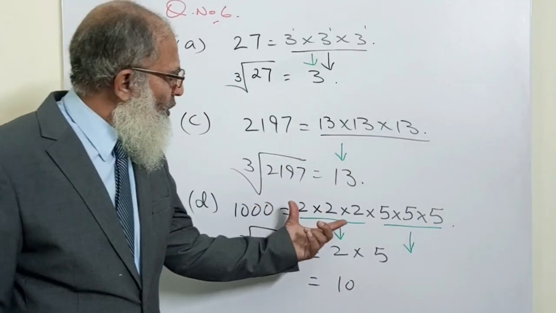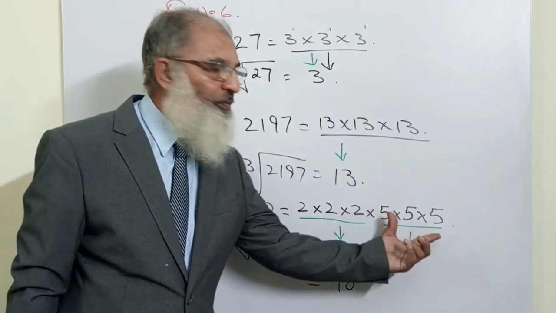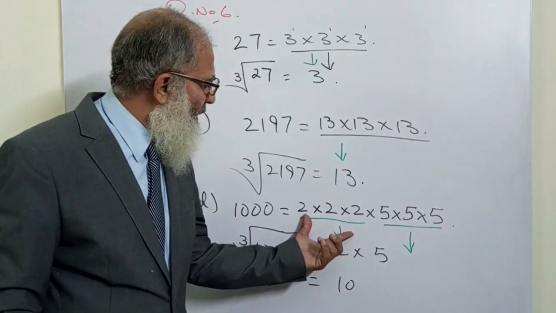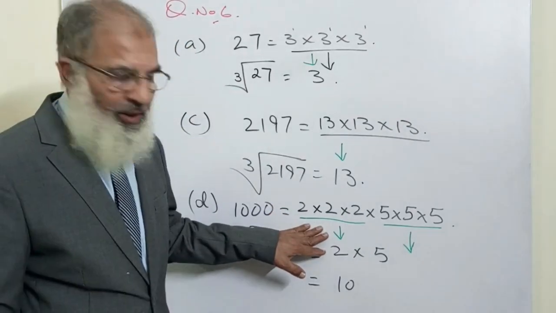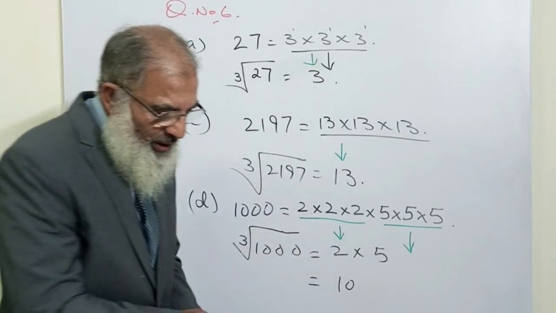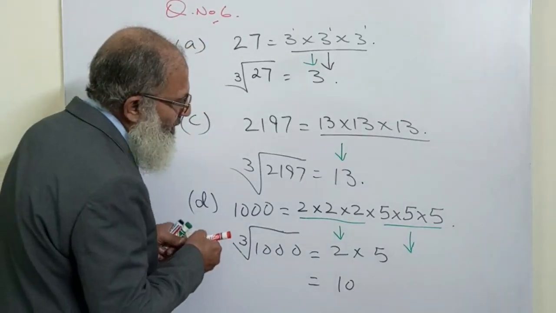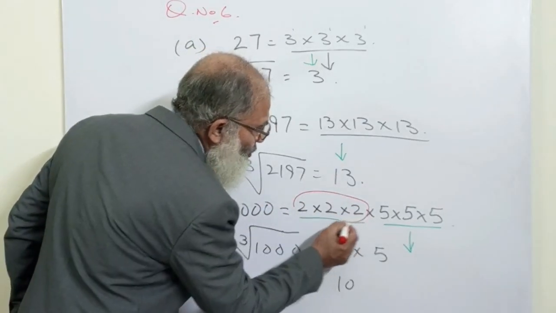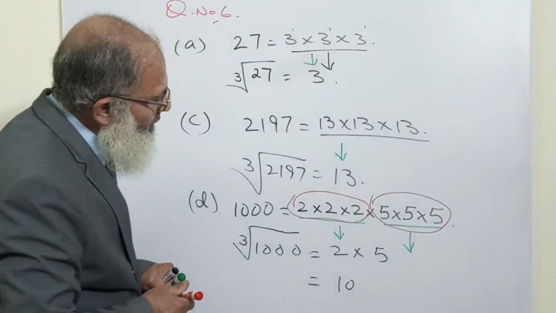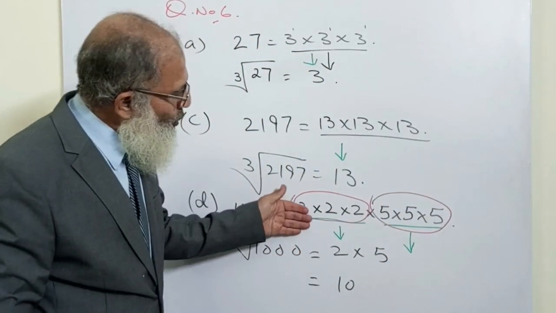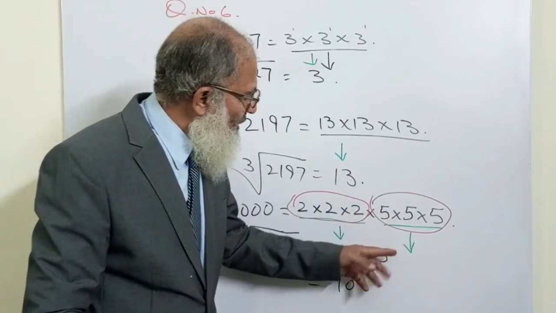When you come across different types of prime factors, see this example: there are three twos and three fives. So we took 2 from this and 5 from this.